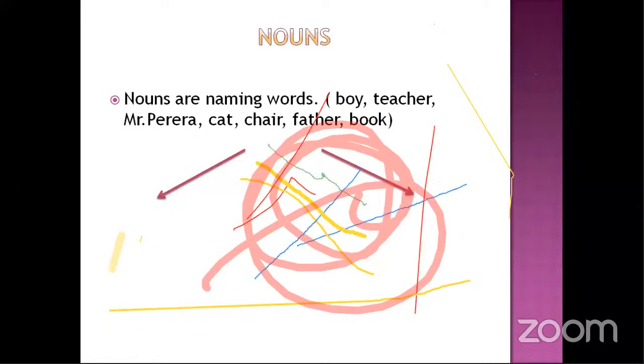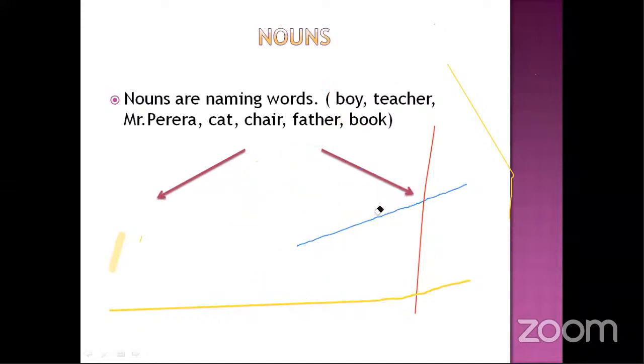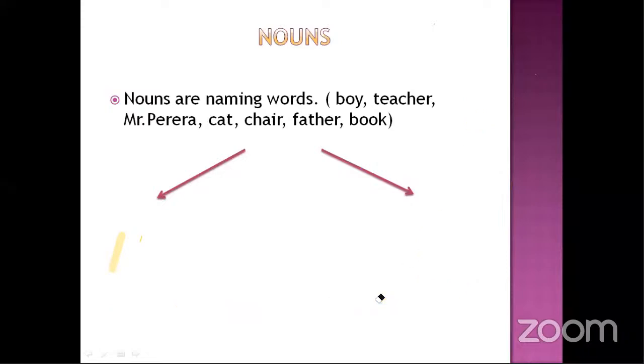Simply put, nouns are naming words. Everything in this world has a name. You have a name and I have a name. Nouns means names.